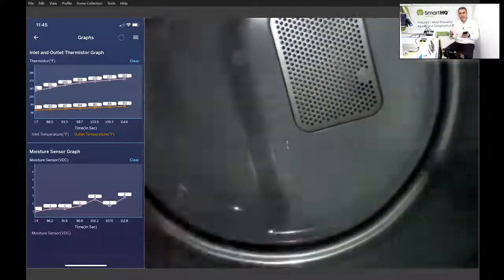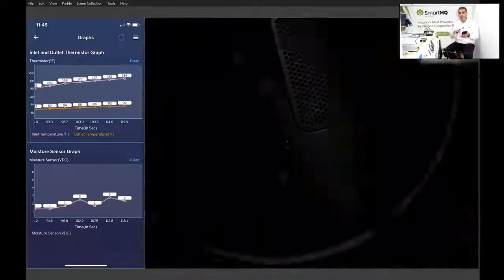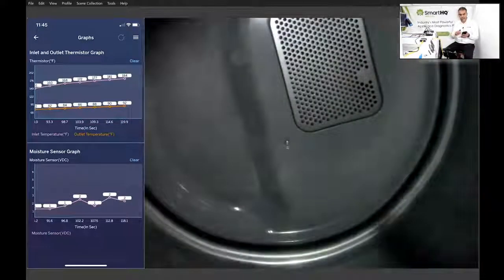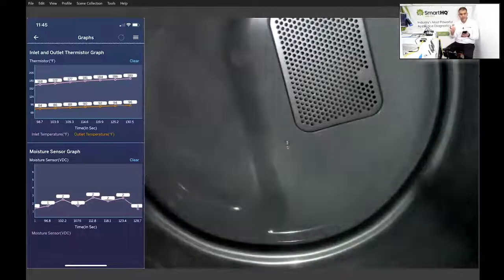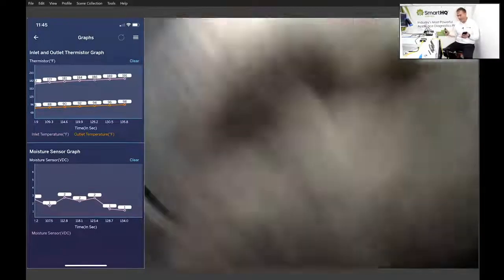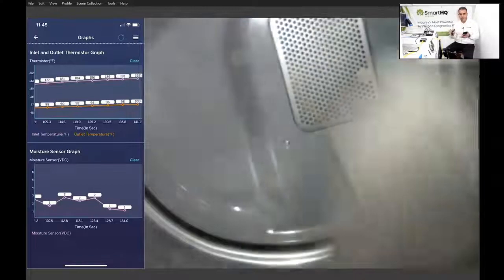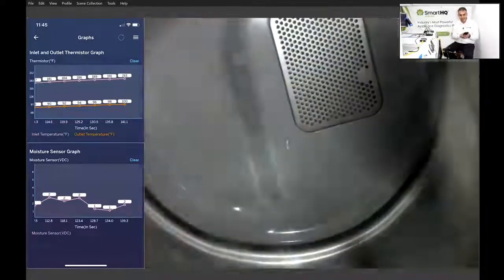That would be an indication that there's some kind of a vent restriction, because I've run hundreds of tests here, and all the time, whether it's towels or clothing or whatever it is, the difference in temperature remains consistent, which is about, again, like I said, about 100 degrees Fahrenheit. So right now the dryer is working very well. We have a nice, vented system here. I usually clean this vent at least once a year. Should clean it more often than that, but that's usually enough.